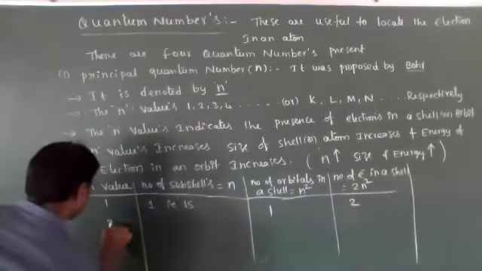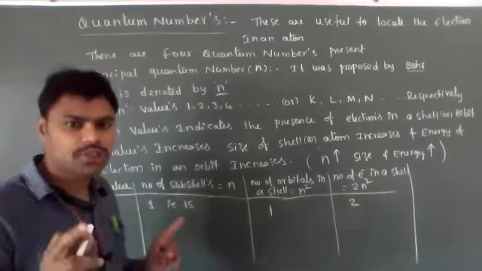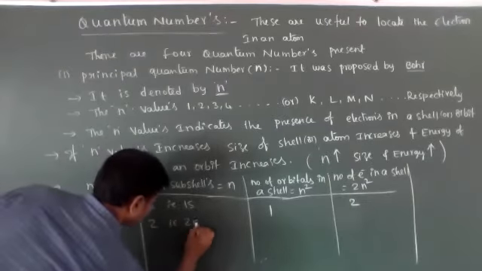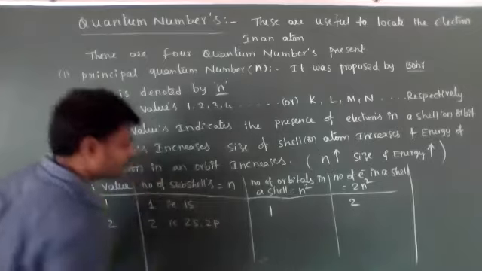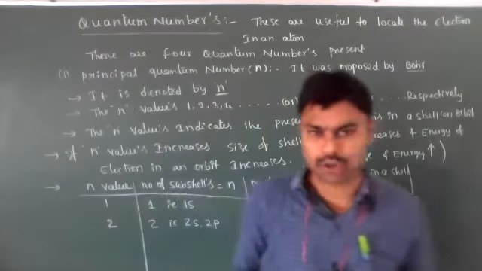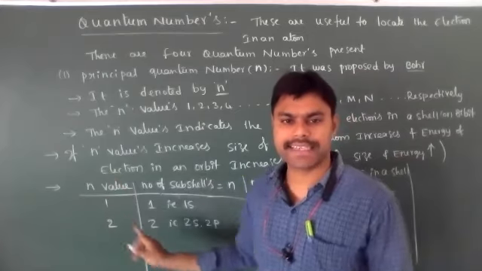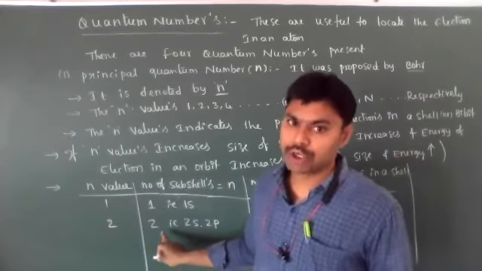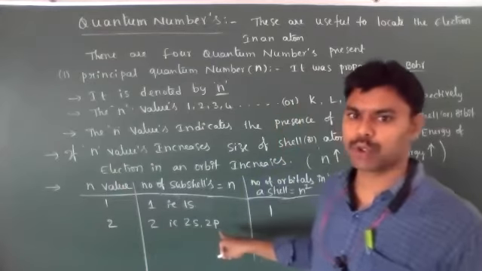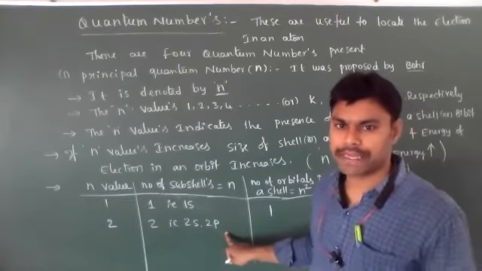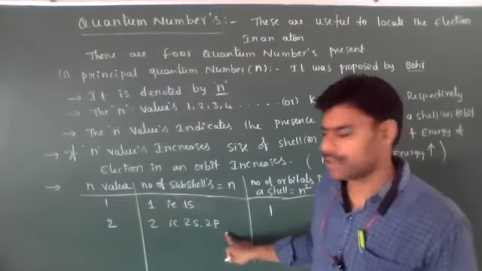If n equal to 2, it contains 2 subshells. What are those 2 subshells? 2s and 2p, we know very well. So the second shell contains 2 subshells, 2s and 2p. In these, how many orbitals are present?